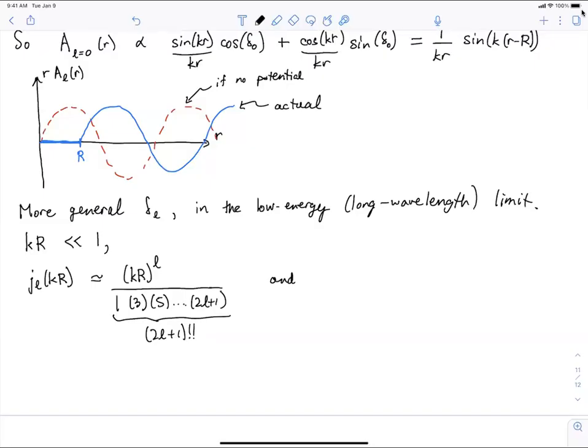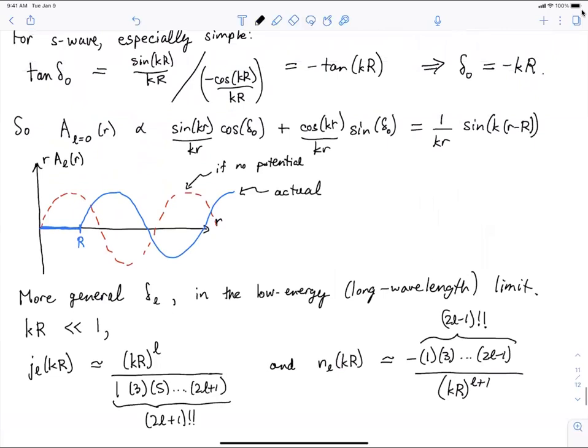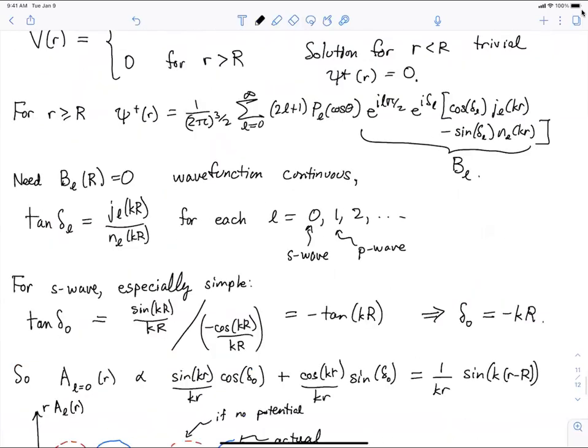And similarly, the spherical Neumann function behaves like this, minus 1. It's got a double factorial in the numerator, but it's actually only 2L minus 1 double factorial divided by kr to the L plus 1. Okay, so now if we go back up to this expression, we're again going to be setting that to 0.